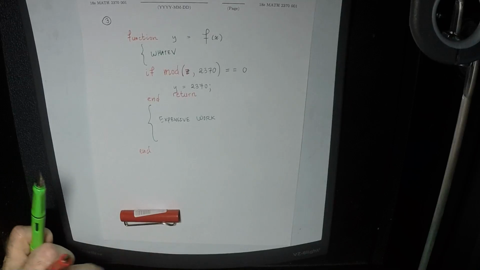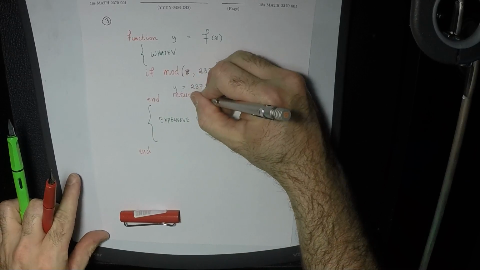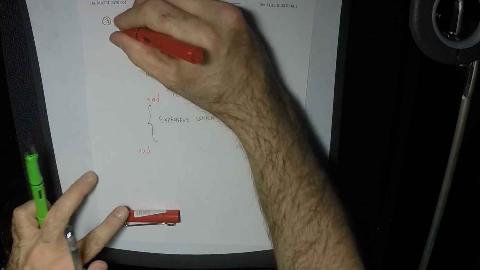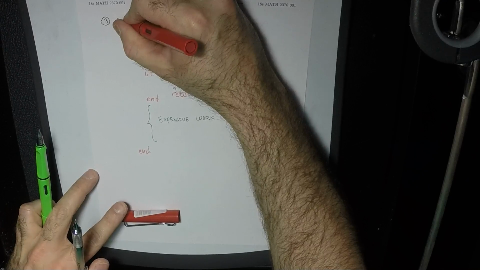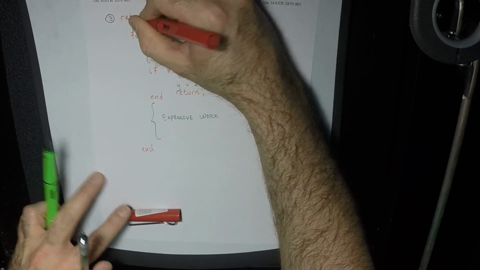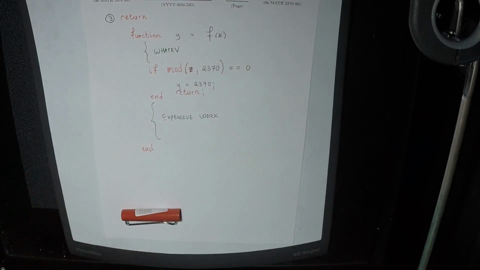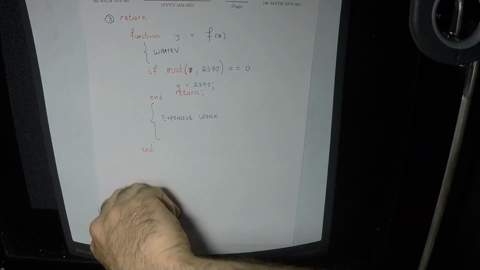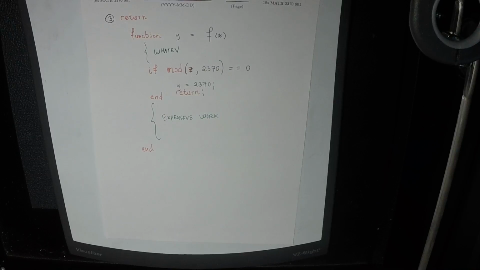And for those of you that have prior programming experience, you need to be a little bit careful because the return keyword in MATLAB is not the same as the return keyword in other languages. In other languages, you say return and then you give an expression, like return 8, which is to say that the output of this function should be 8 and I want to leave right now.